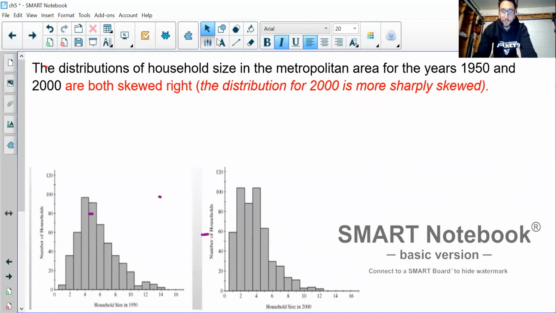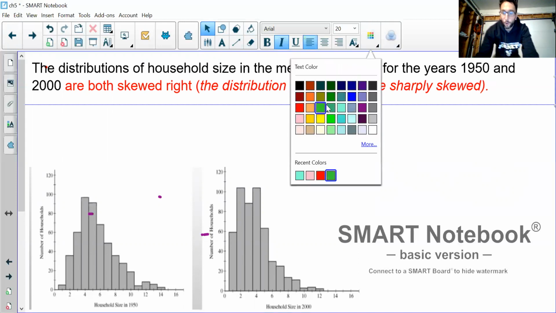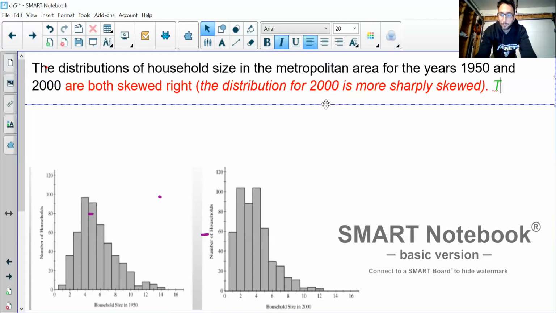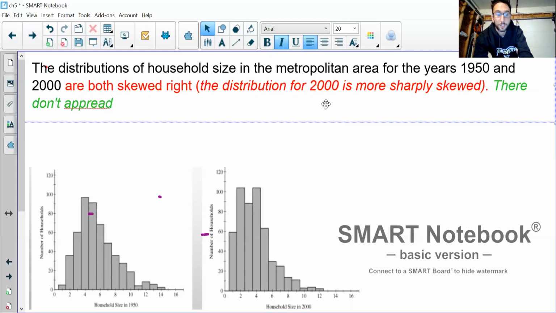As we continue, green and blue. For outliers, if there are no outliers or unusual features, you don't have to write about them. So this is also going to be italicized because you might not write this. But many of us, at least I do, like to mentally go through that SOCS checklist. A lot of students still want to say there don't appear to be outliers in either year.